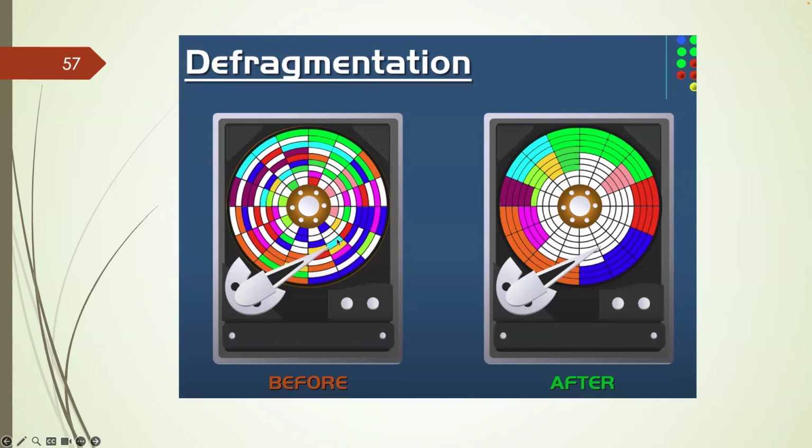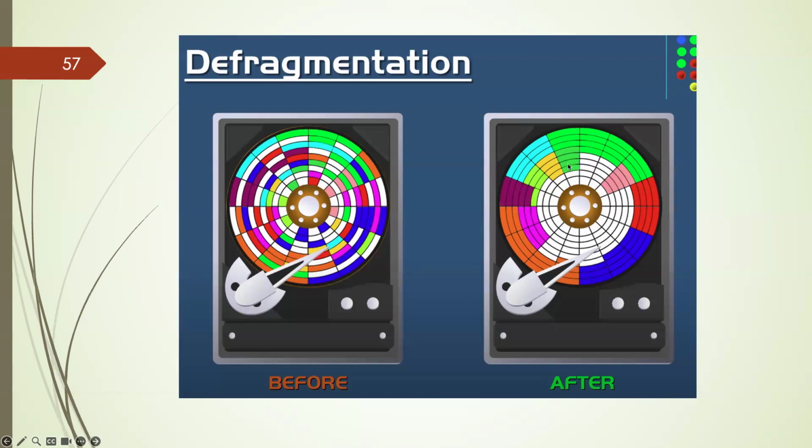So in order to avoid it, or in order to correct this, NTFS provided a mechanism which is called disk defragmentation. This is a process that happens inside your hard drive without your knowledge. It is a background process, and over time, say after 1 week or after 2 weeks, or whatever frequency is set in the firmware or in the NTFS file system, NTFS will automatically defragment the file.